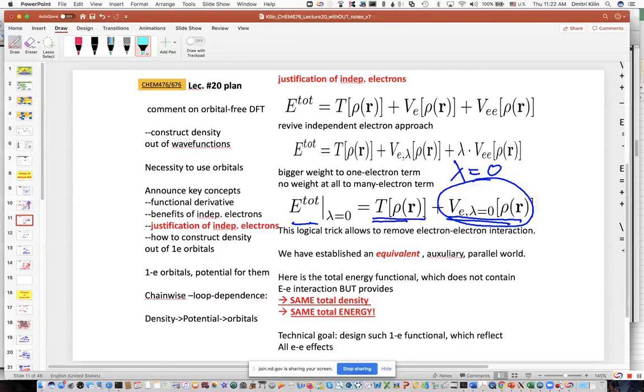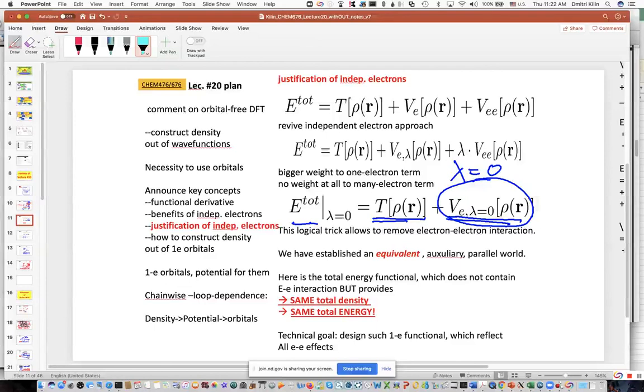So another concept that Raju was objecting to 2 days ago, and it is very natural. I'm very happy that we introduce an auxiliary world where electrons do not interact with each other, and then we set up a constraint.